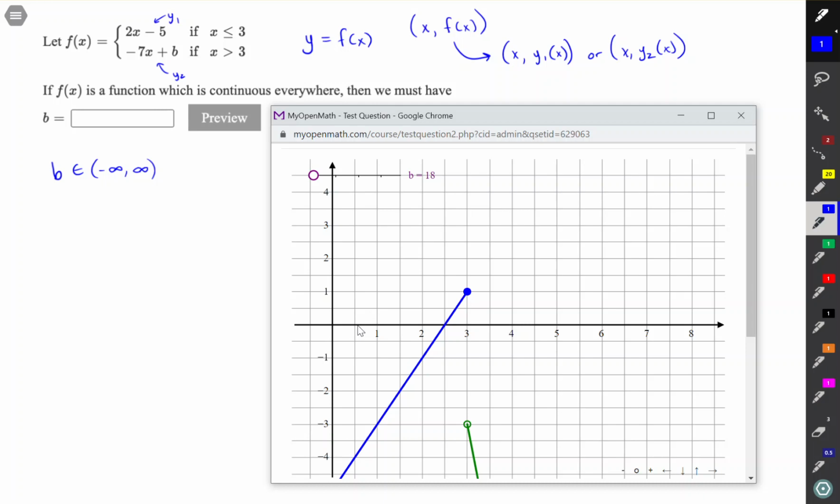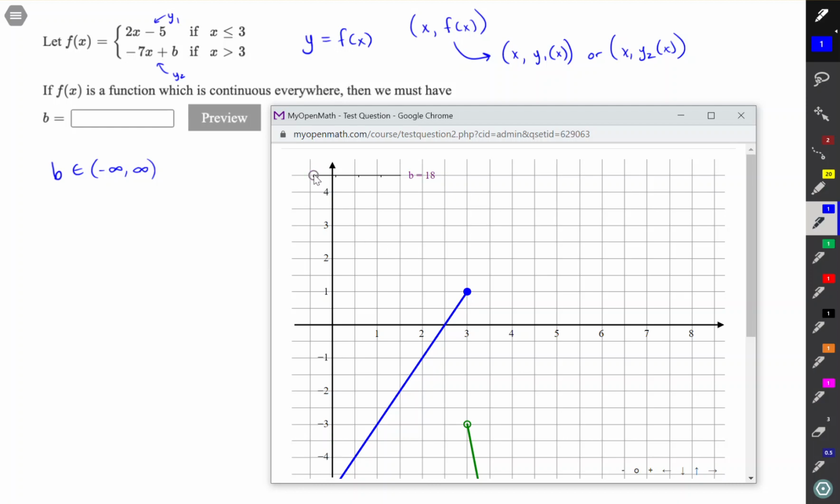Now, it is also defined only on the values where x is less than or equal to 3. So along this interval right here, we have x less than or equal to 3, and I've included the point at 3. The other part's a little bit more difficult to graph because b is a variable. b can take on different values.